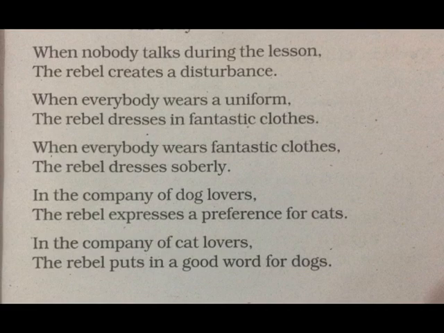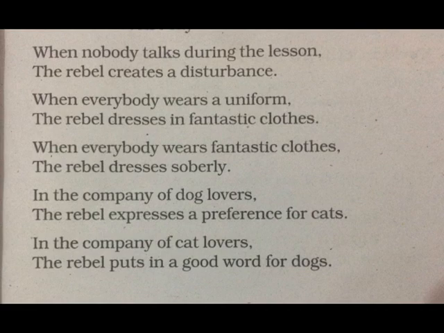Next stanza. In the company of dog lovers, the rebel expresses a preference for cats. In the company of cat lovers, the rebel puts in a good word for dogs. In these lines, the poet discusses how the rebel's preferences never match with others in the group.